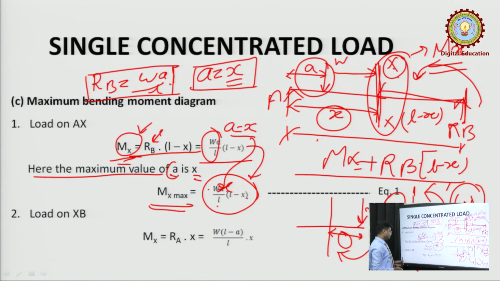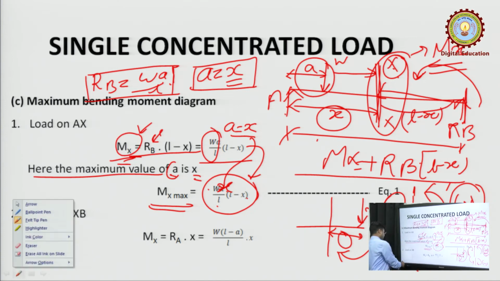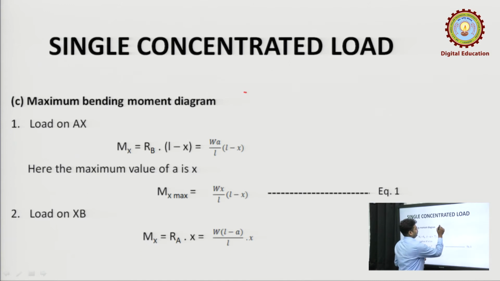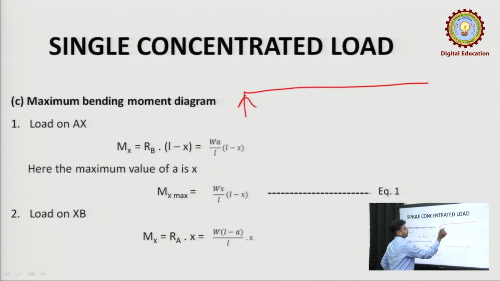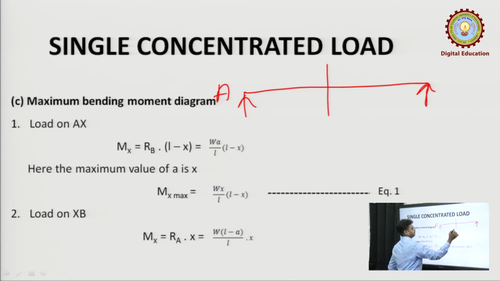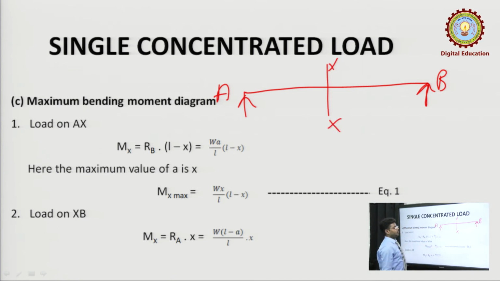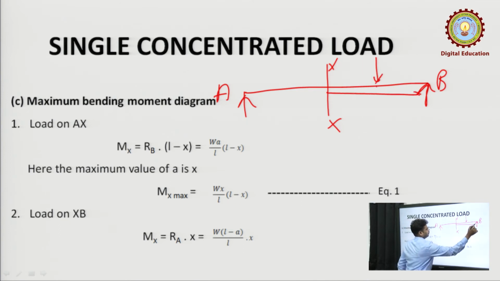In the second case, when the load is on XB: now the load was on AX, and now we will discuss when the load is on XB. If we have a load, this is the point A, this is the point B, and this is the section X. Now we have a load on span XB.